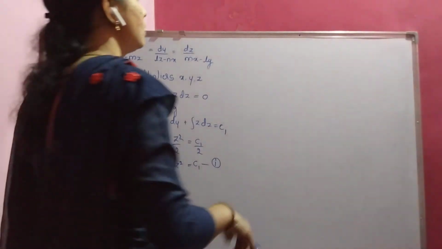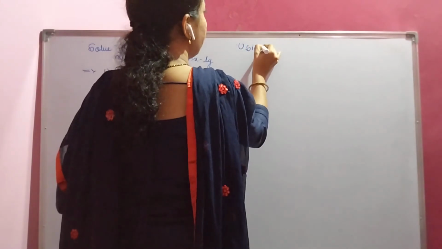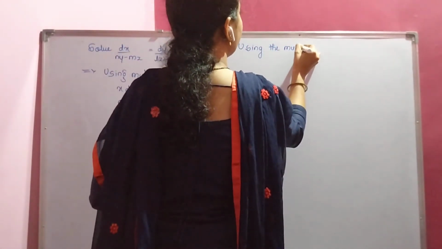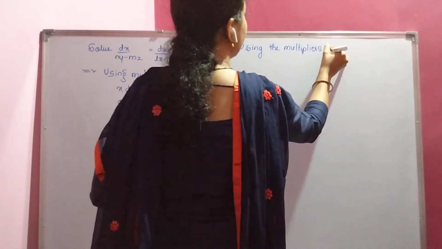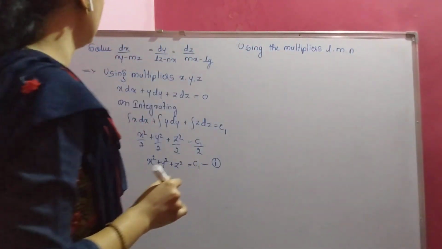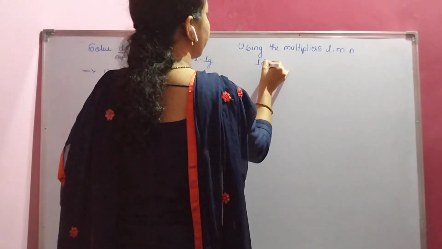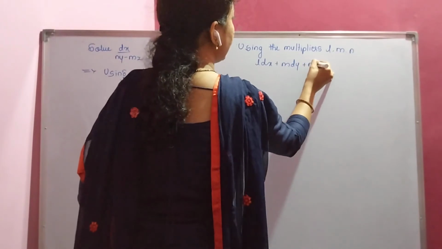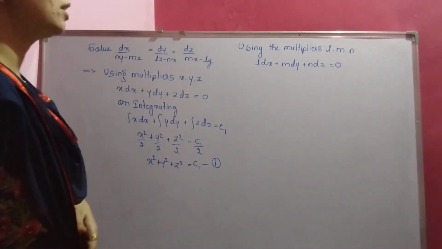For this we consider the multipliers l, m, n. Using the multipliers l, m, n, we have l dx plus m dy plus n dz is equal to 0, because the denominator part becomes 0.